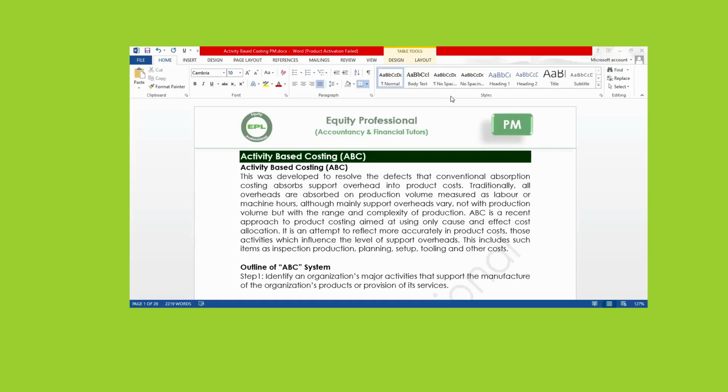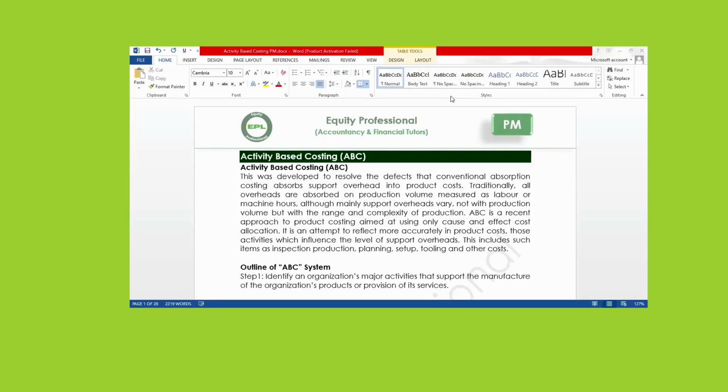For these reasons, management accountants developed modern costing system.